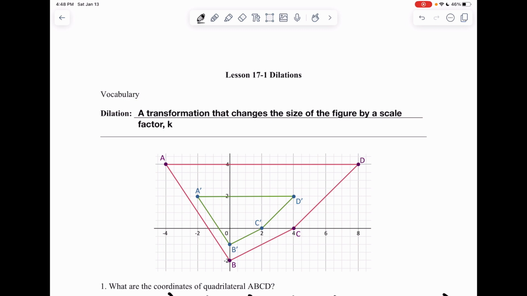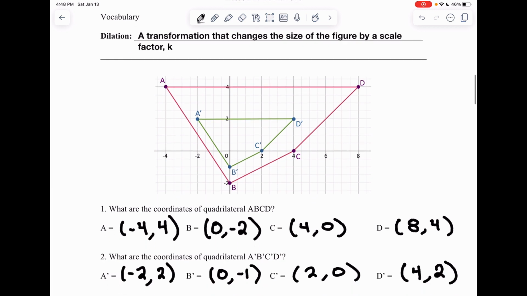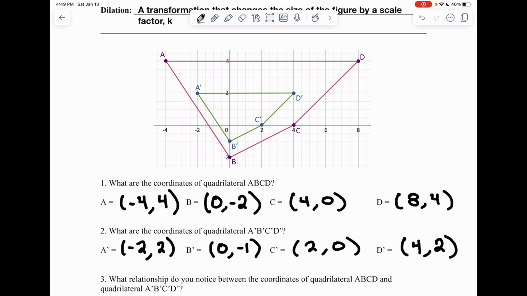If you look at the picture below, quadrilateral ABCD, the red quadrilateral, got dilated in order to form the green quadrilateral A'B'C'D'. I have already written down the coordinates of each vertex.